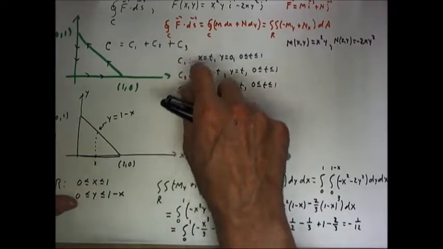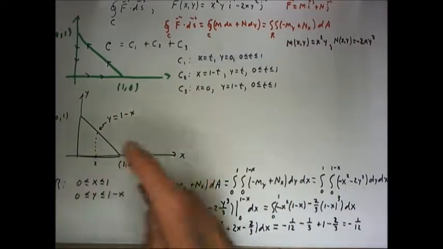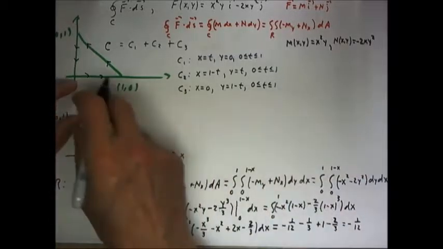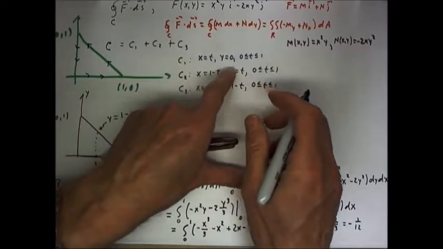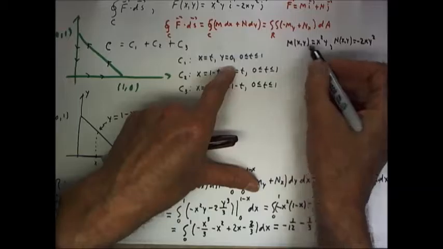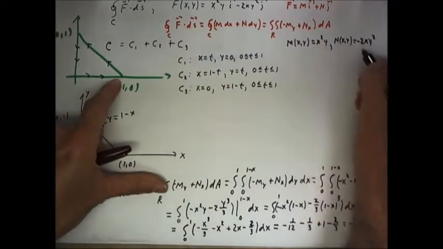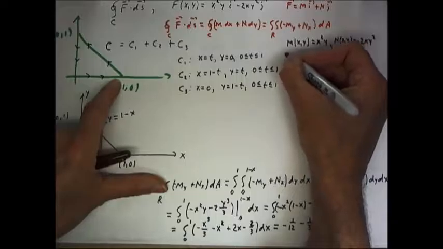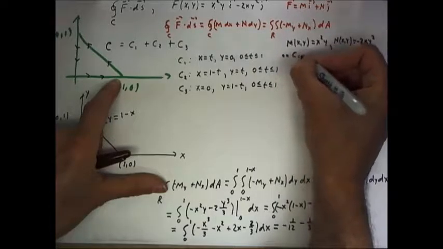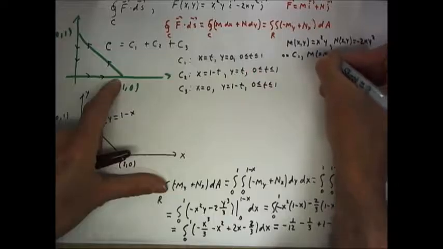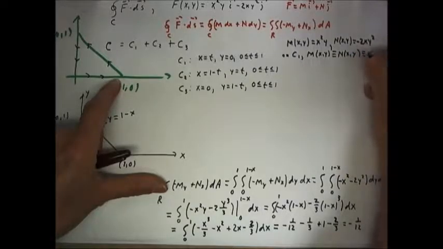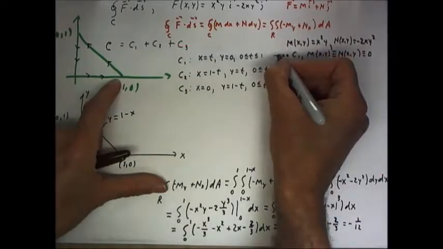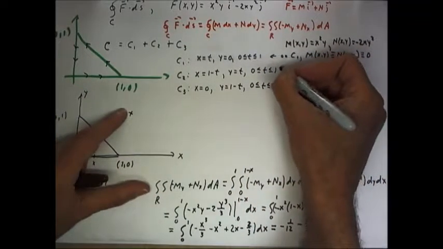Now let's look at the integral over the boundary curve. It doesn't generally work out as easily as this, but in this case the lower boundary has a property that y equals 0, so that our m function is 0 everywhere on the lower boundary, and so is our n function, so that on this boundary m of xy and n of xy are both identically equal to 0, meaning they're equal to 0 at every point on this boundary.